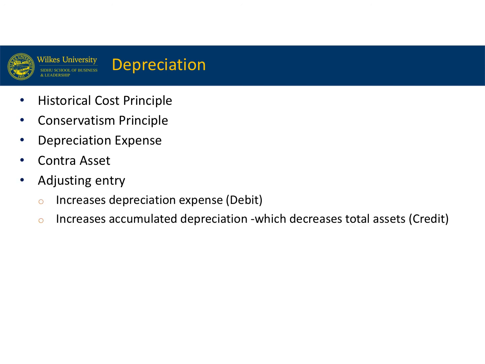Adjusting entries increase depreciation expense and increase the contra asset accumulated depreciation. The depreciation adjusting entry is a standard. It's a debit to depreciation expense and a credit to the contra asset accumulated depreciation.